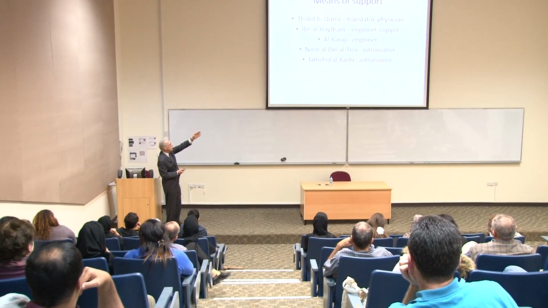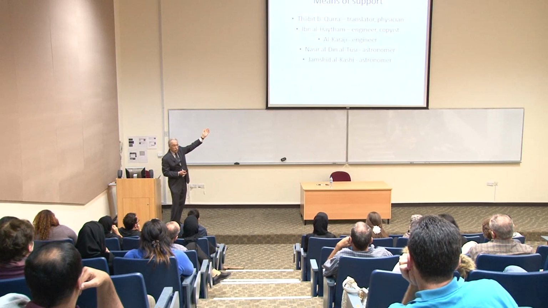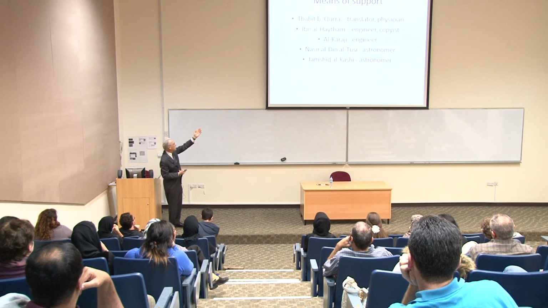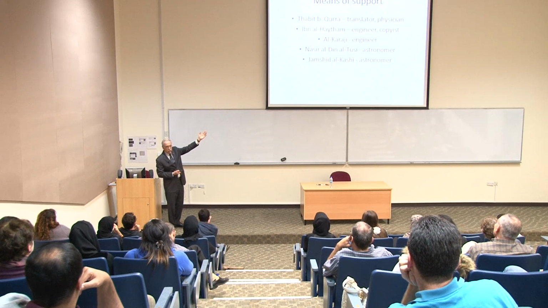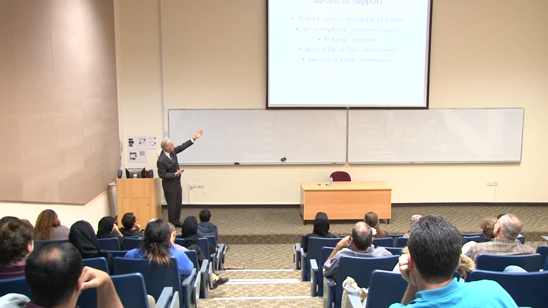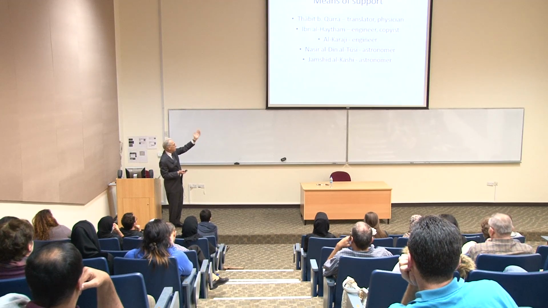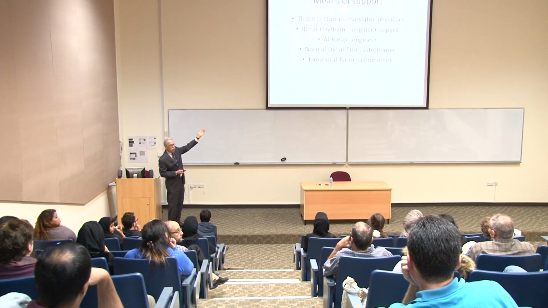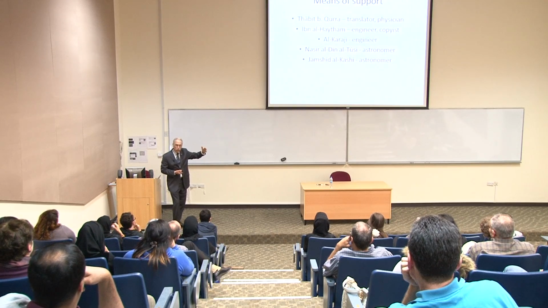But he didn't earn his living as a mathematician. That's what I'm saying. Al-Karaji, who discovered the binomial theorem in algebra, was an engineer. Nasruddin Tusi, I had mentioned, who invented trigonometry, was an astronomer. Jamshid al-Kashi was an astronomer.